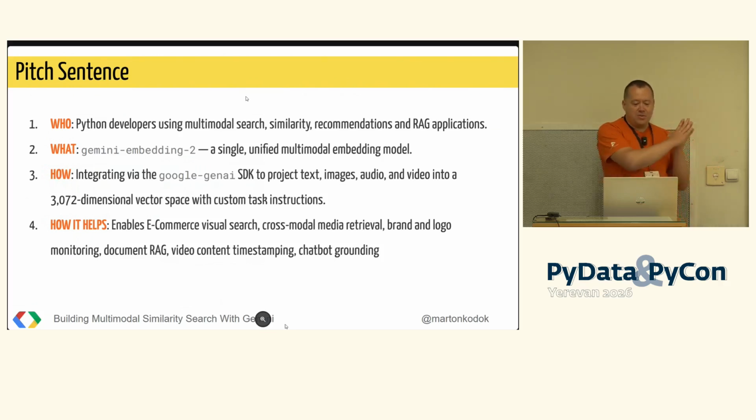I'm going to use Google Gen AI as an SDK. It's a one-liner. We need to understand that the dimension, the coordinates, is 3072.